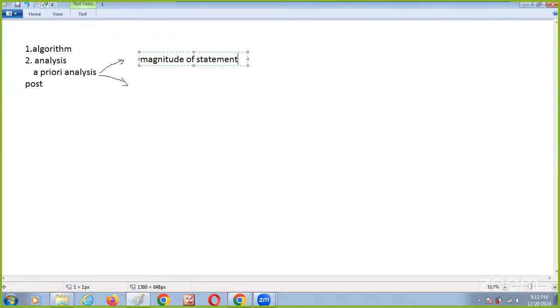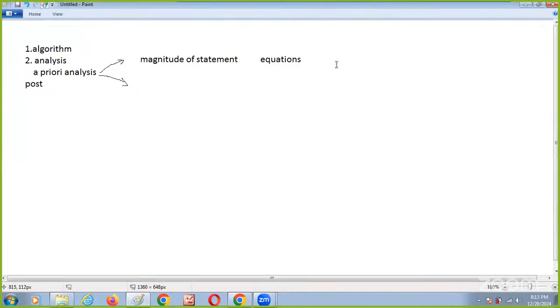That means how many times each statement gets executed, without implementing the program, before we are just writing it. We analyze how much time each statement takes and how many times it is executed, and we find equations. Based on the equations, we derive the time complexities.